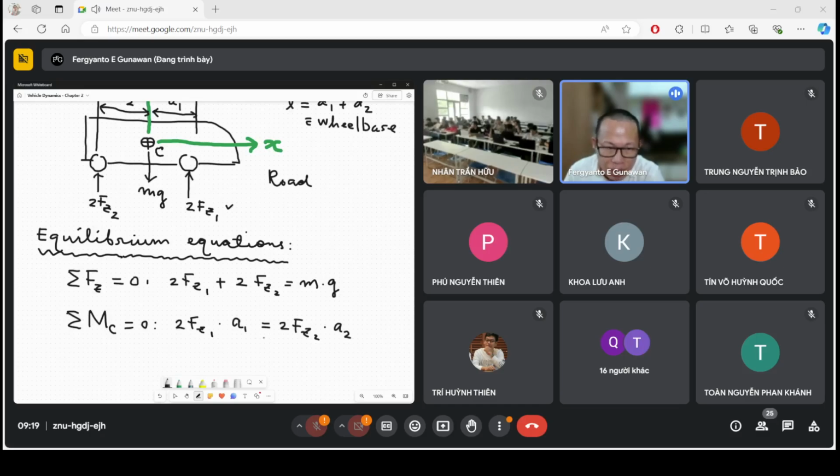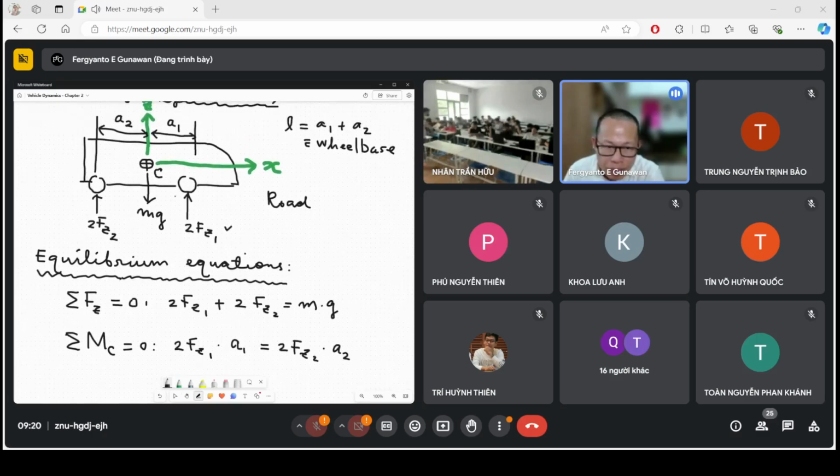We obtain this equilibrium of moment at this point, where a1 is the distance from this force to the center, and this is the other moment.